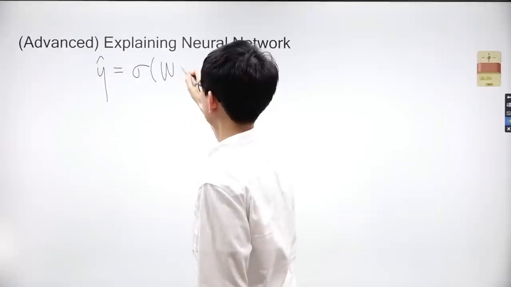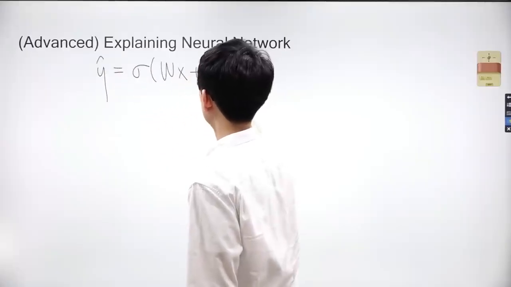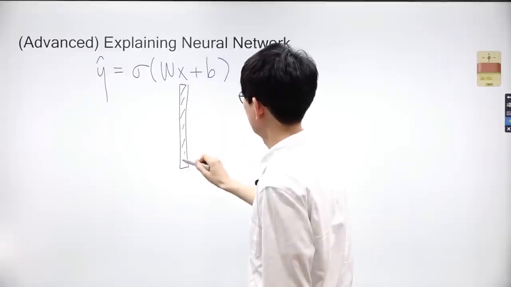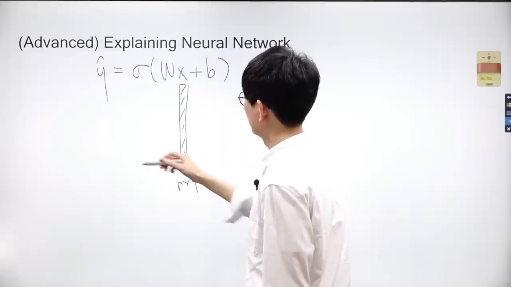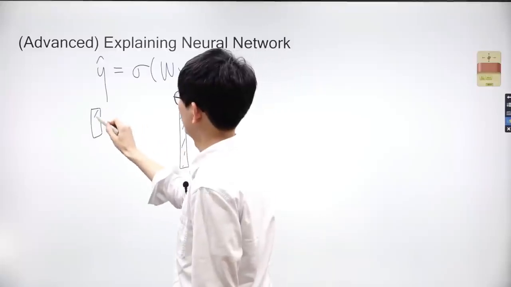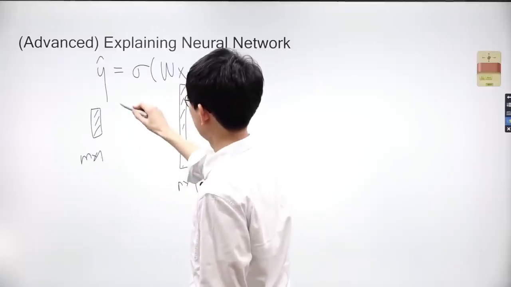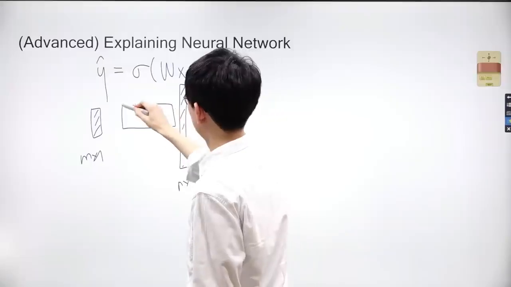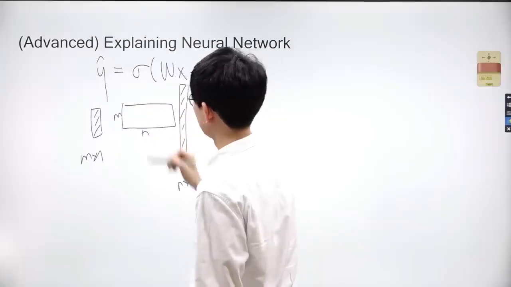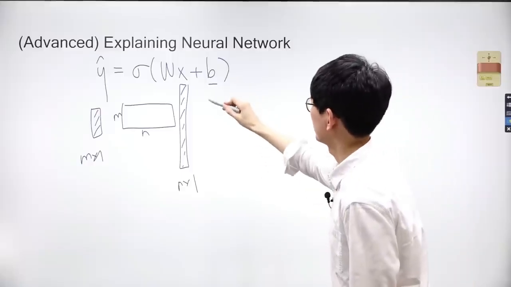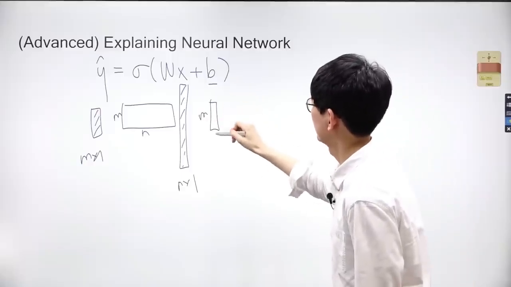Y hat equals sigma Wx plus B. The length of vector X is very long since its dimension is n by 1. On the other hand, the vector Y hat is shorter compared to X, with its dimension being m by 1. Meanwhile, W is an m by n matrix, and B is also a vector in Rm, specifically an m by 1 vector.